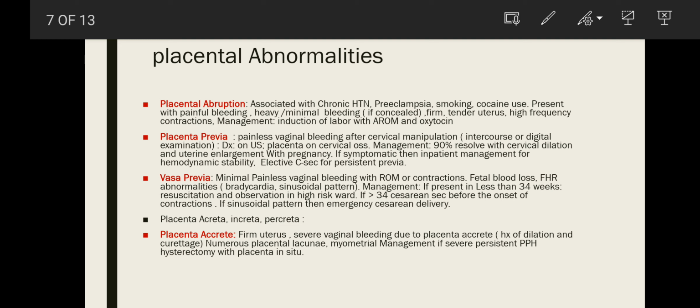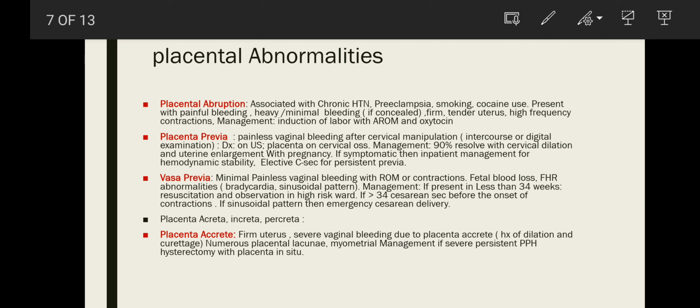Depending on the depth of invasion, we differentiate placenta accreta, increta, or percreta. In accreta, endometrium penetrates only superficially to the decidual layer. In increta, it penetrates myometrium, and in percreta, it goes beyond myometrium.